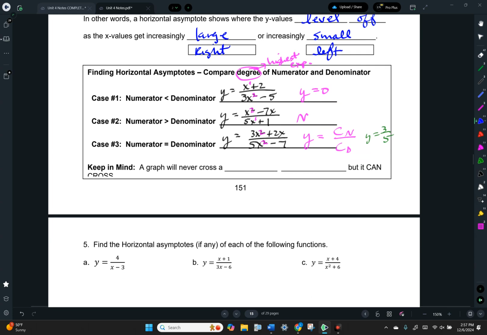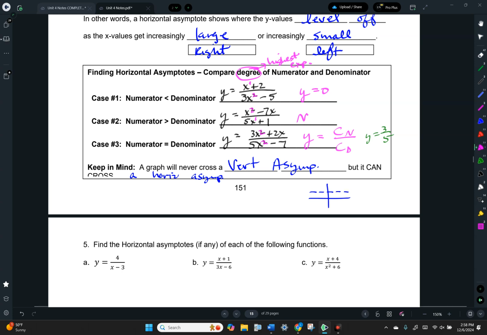One thing I want to point out, keep in mind, a graph will never cross a vertical asymptote, but it can cross a horizontal asymptote. For example, maybe you have a horizontal asymptote at y equals 1.